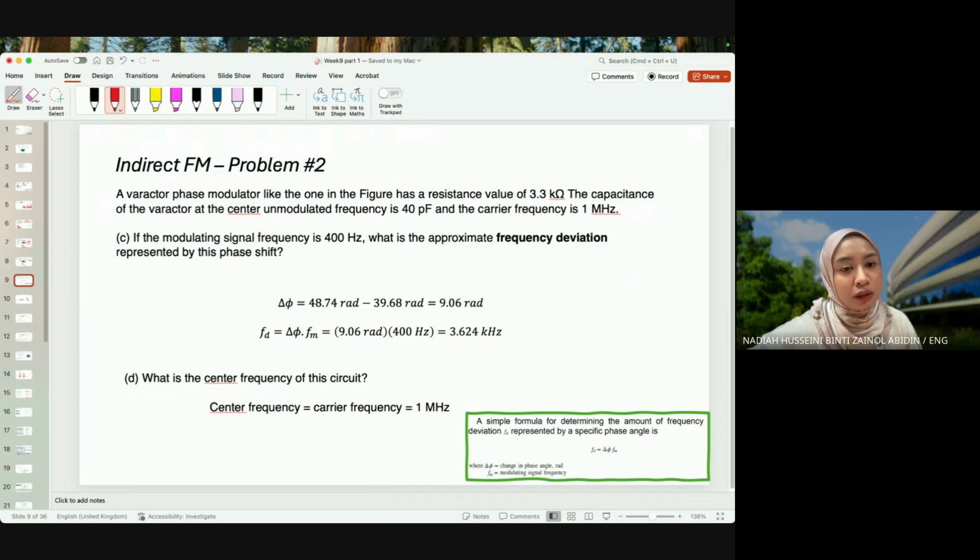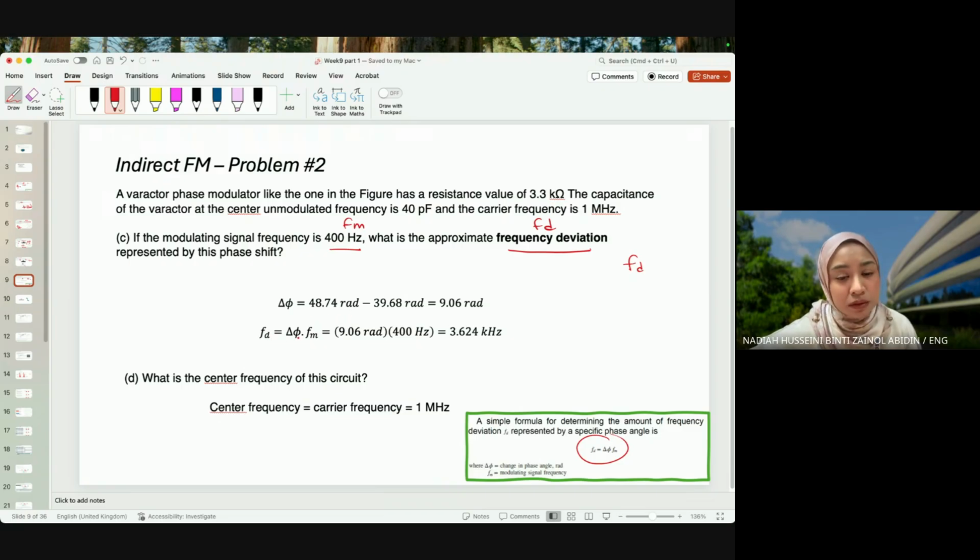C. If the modulating signal frequency is 400 hertz, what is the approximate frequency deviation? So you have FM given. It's asking for FD. So obviously, if you have FM, you have FD. The only thing that we can relate these two together is this equation. So we are going to use that equation.